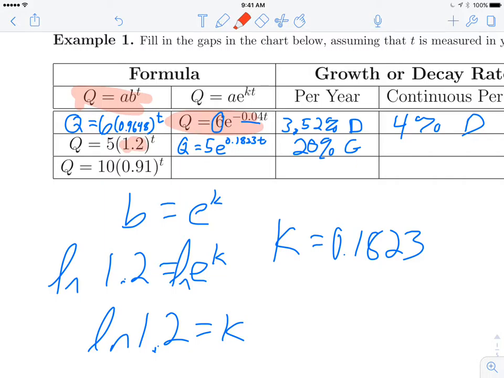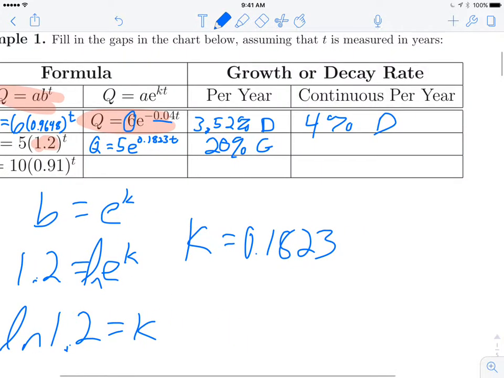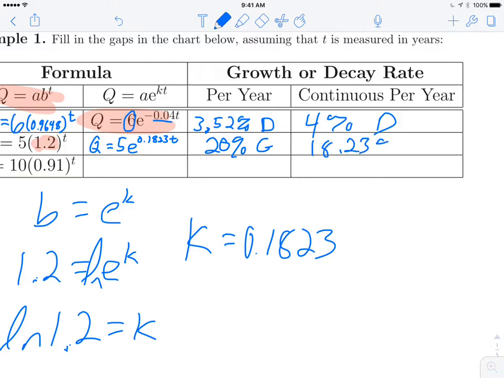That represents a 20% growth because it's 0.2 above 1. And then my continuous growth rate is going to be 18.23% growth, because my k value is 0.1823.